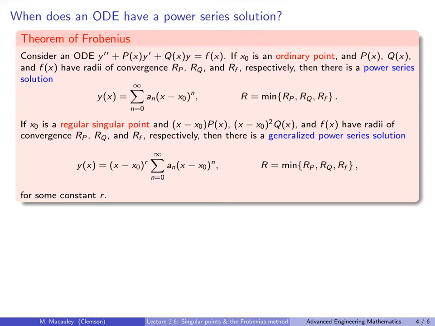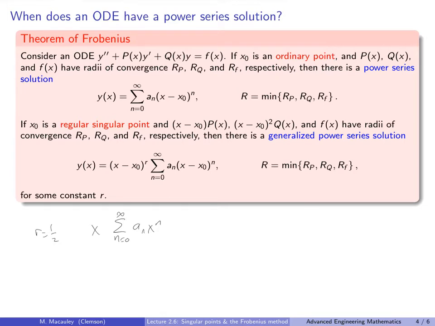Well, it is a power series, except it has this extra term in front of it, where r is some constant. Now, r could be a negative number, it could be a fraction, it could be complex. So let's think about what this actually means. Suppose we have the sum from n equals 0 to infinity of a n x to the n, and suppose r is 1/2.